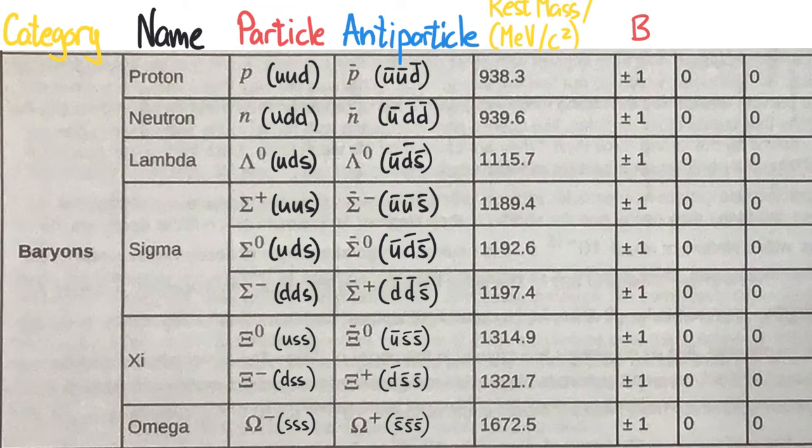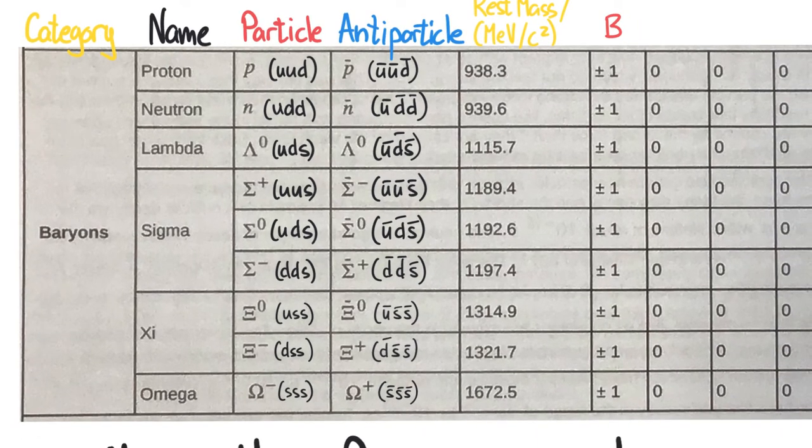We've worked with them already, and the antiproton and the antineutron. We've got their rest masses, mega electron volts over c squared. And so we see here that if we look at each of these, there are either 3 quarks or 3 antiquarks. So that's what makes it a baryon.